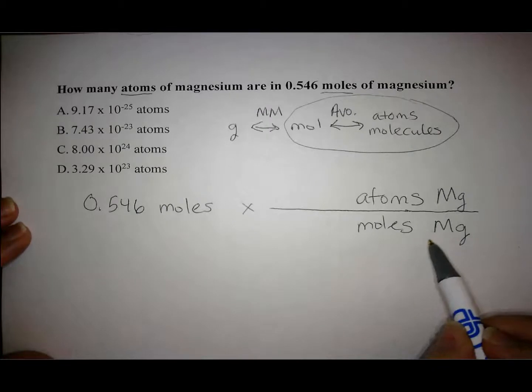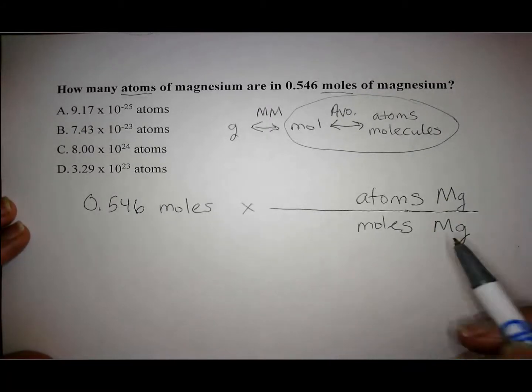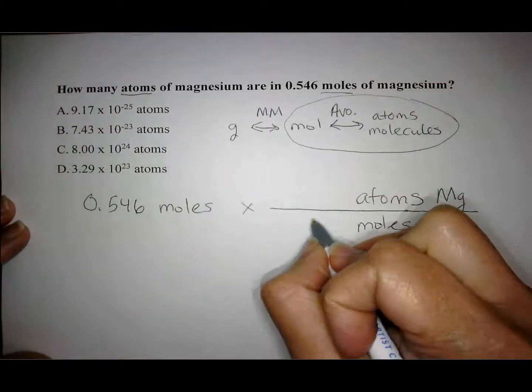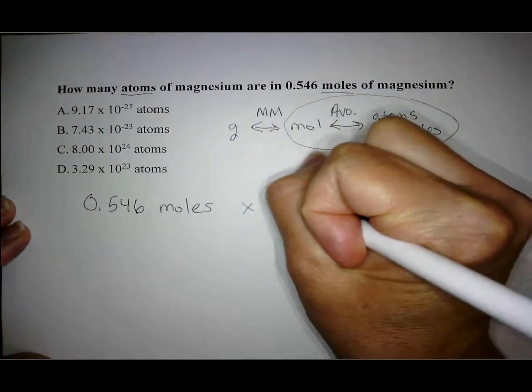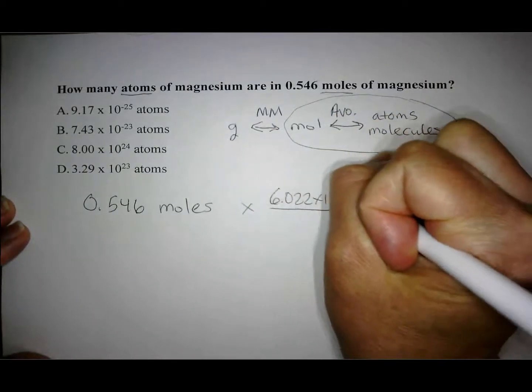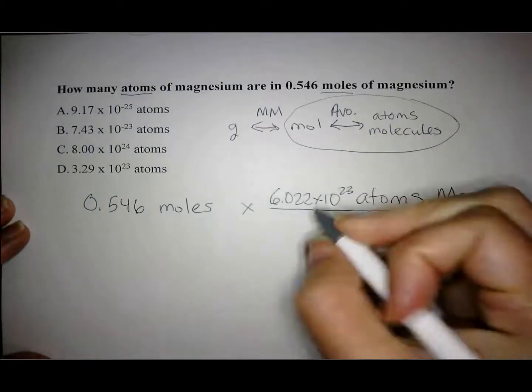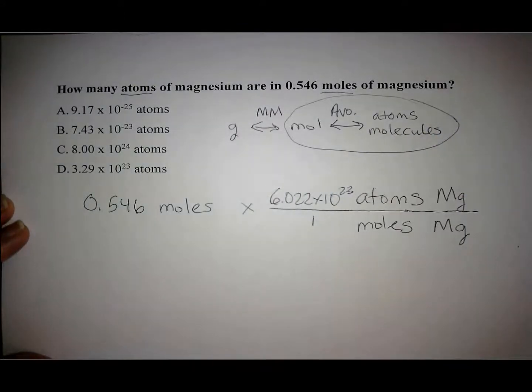So we're going from moles of magnesium to atoms of magnesium, and to do that, our relationship is that there are 6.022 times 10 to the 23rd atoms in each mole.